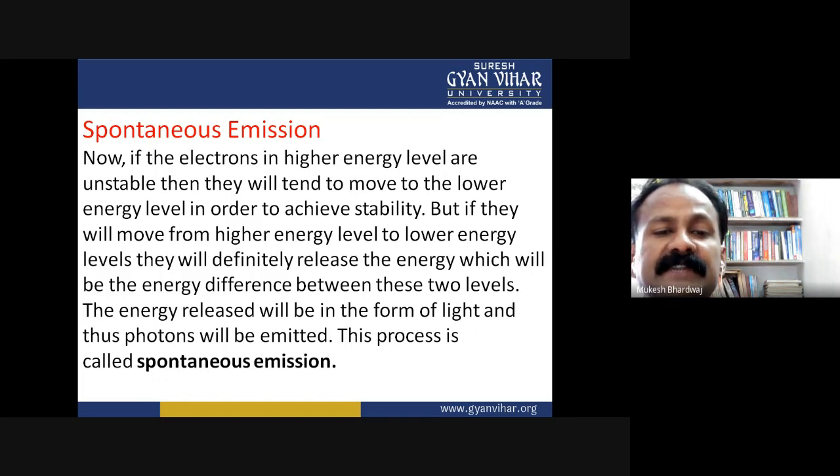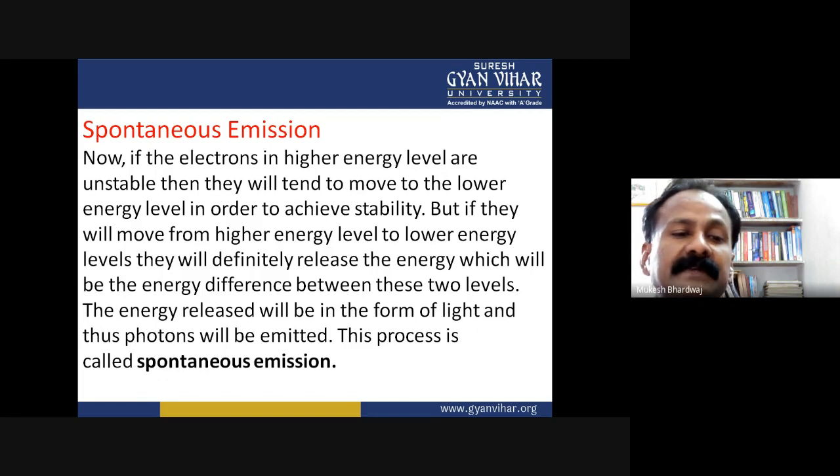Hence, an atom in the excited state does not stay for a longer time, and it jumps to the lower energy state or energy level 1, emitting a photon of frequency nu. This is spontaneous emission of radiation.